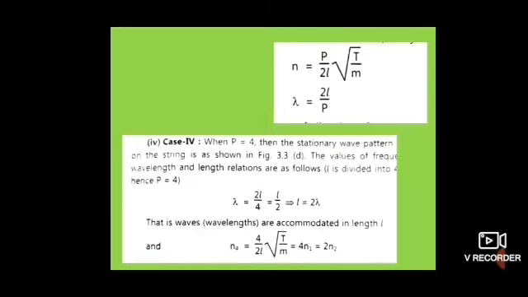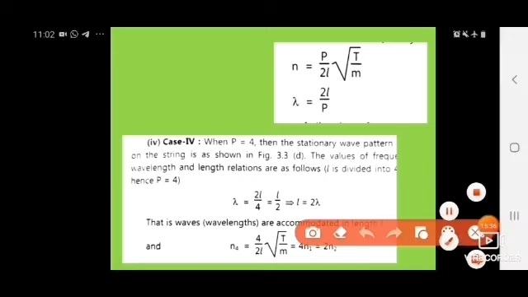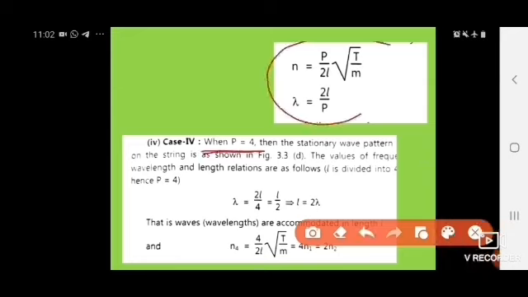Now consider the fourth case. In the fourth case, we get p = 4. So when p = 4, we put this value into the standard equation. We get λ = 2L/p, with p = 4, so λ = L/2.